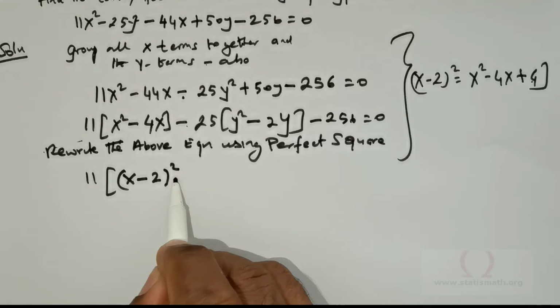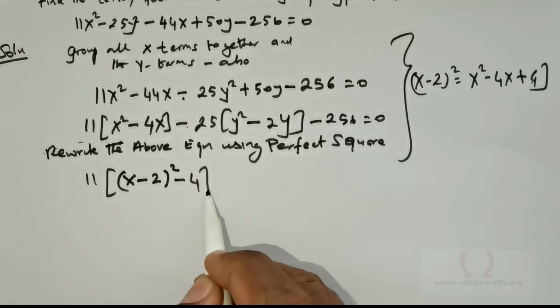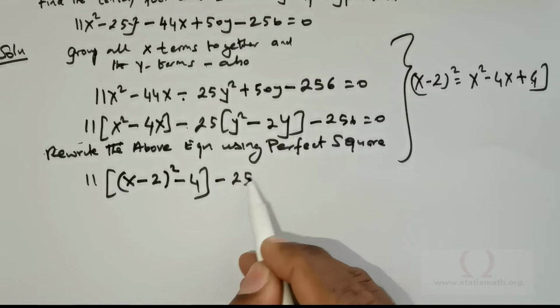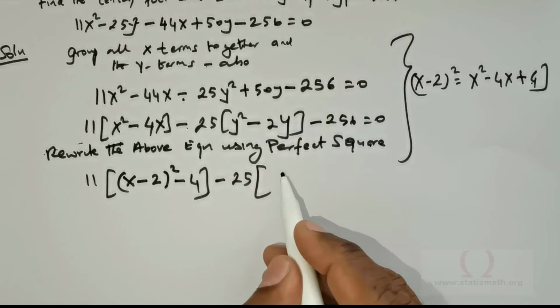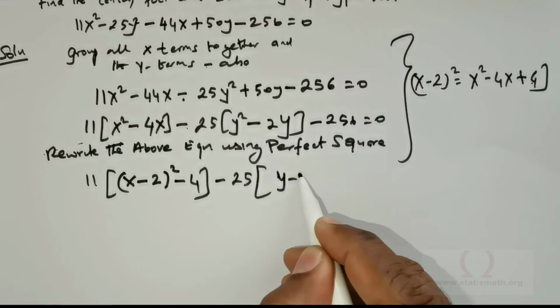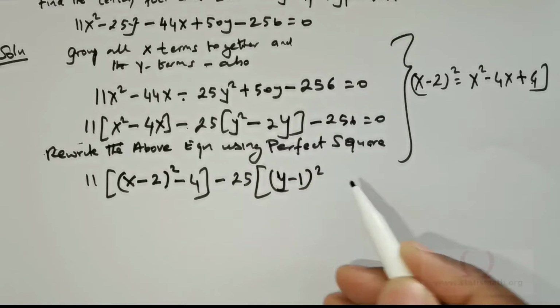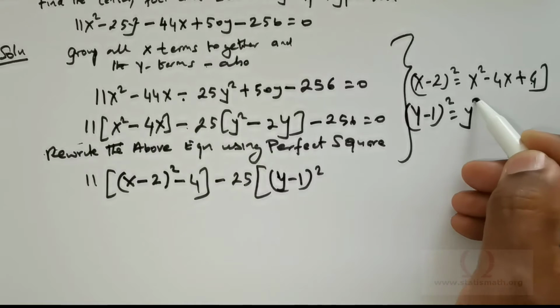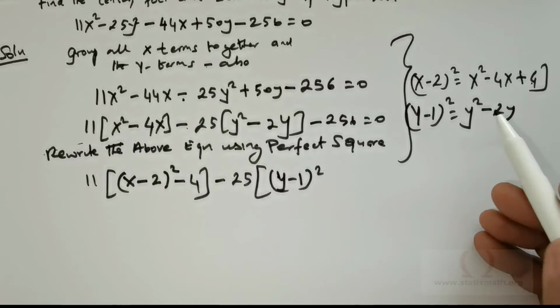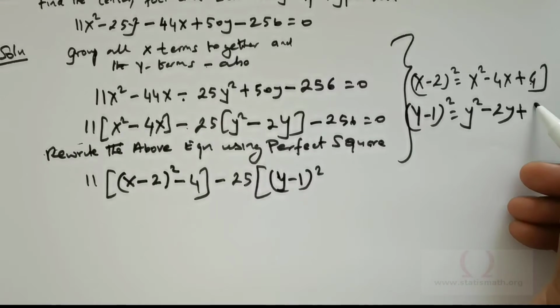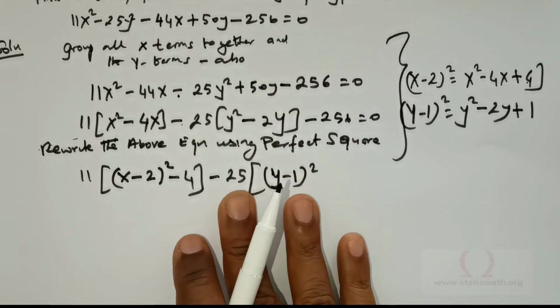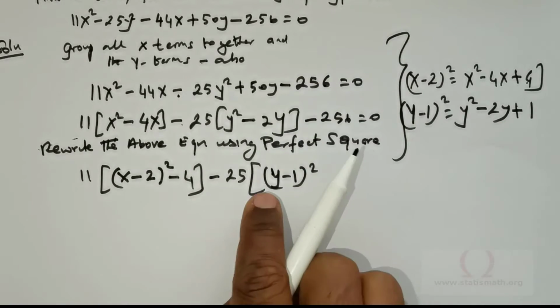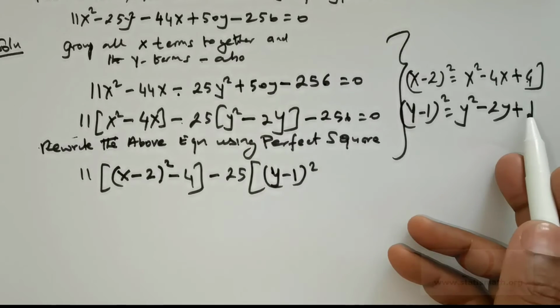So I'm going to subtract 4 there, followed by negative 25 times, I'm rewriting y squared negative 2y as y minus 1 raised to the power 2. Now y minus 1 raised to the power 2 would produce y squared negative 2y, along with a positive 1, but that has to be removed because I've got y squared and negative 2y present but not the positive 1.